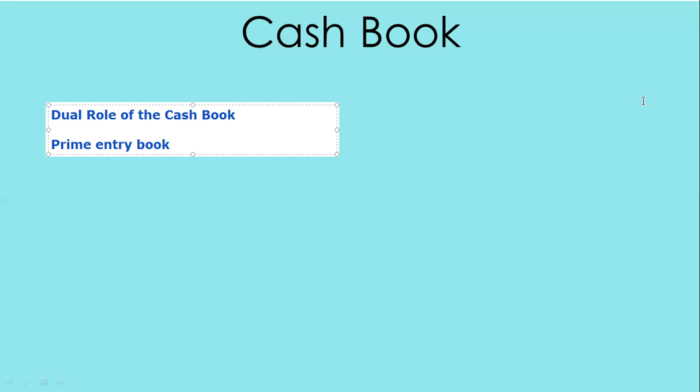But listen to me, the cash book is recognized as a primary book. This is the first role of a cash book. And the second one is the cash book is also acting as a ledger account. Now, this is the dual role of a cash book.